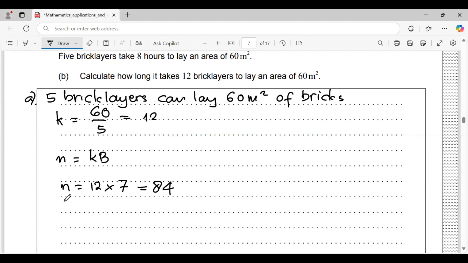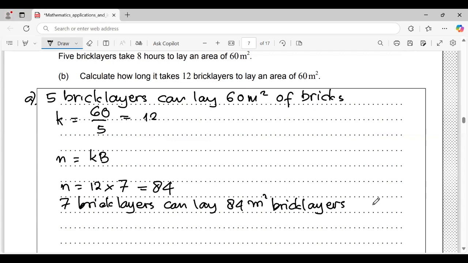So it means seven bricklayers can lay 84 meters squared of bricks, sorry, not bricklayers, bricks, in one working day.